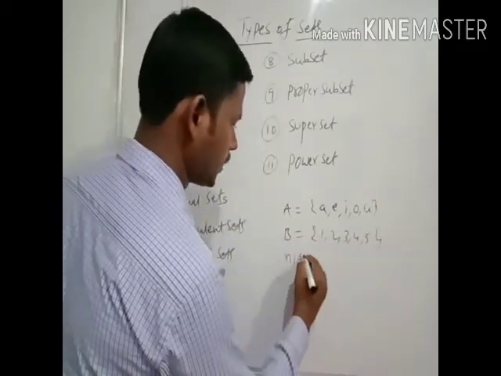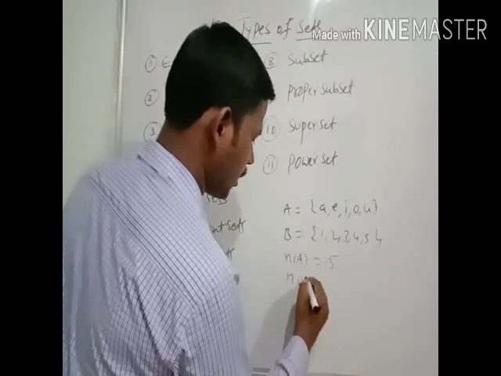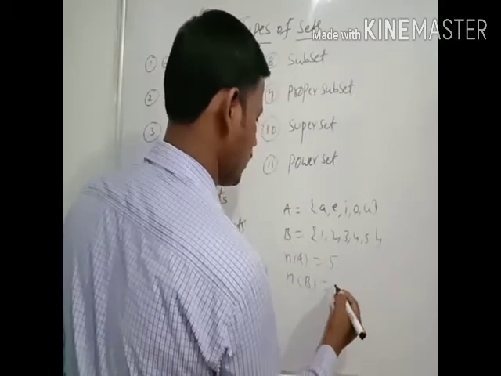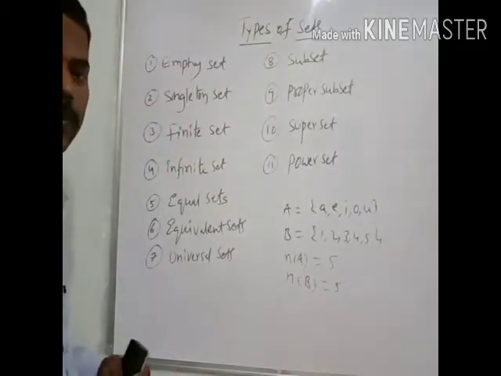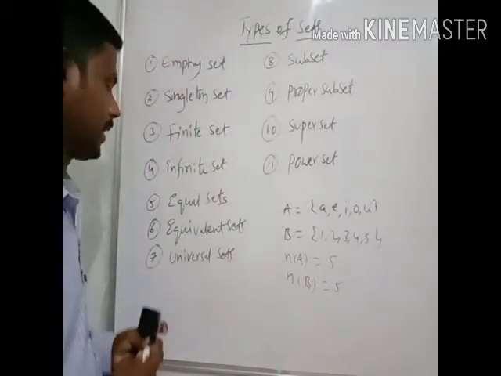So n of A how much, children, here? 5. n of B how much? 5. Then the two sets are called equivalent sets.